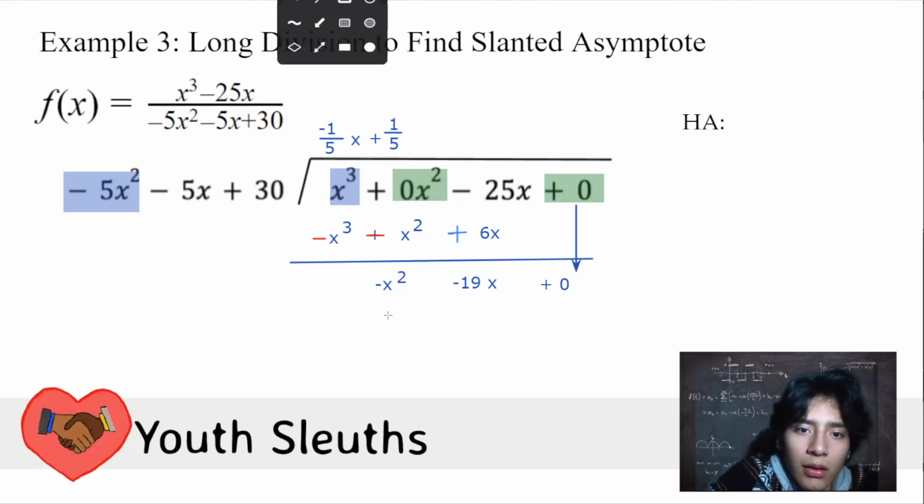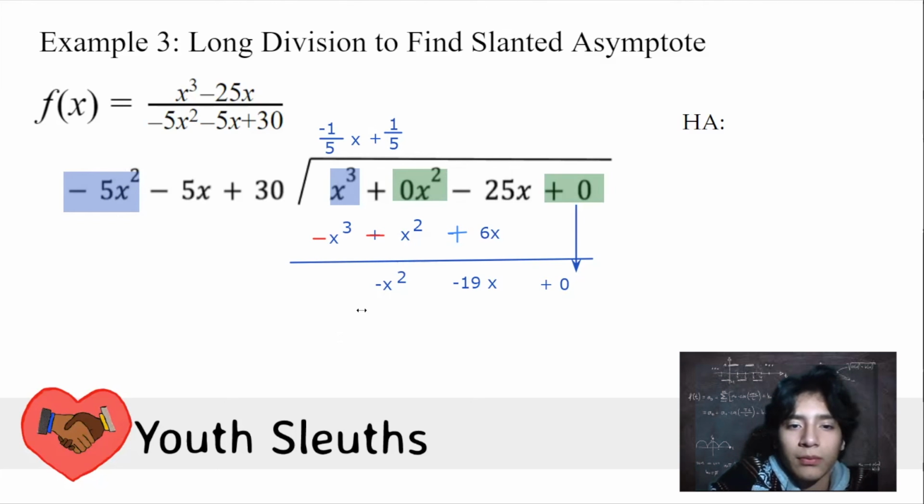Okay. Then we distribute. So we get negative x squared, negative x, plus 6.